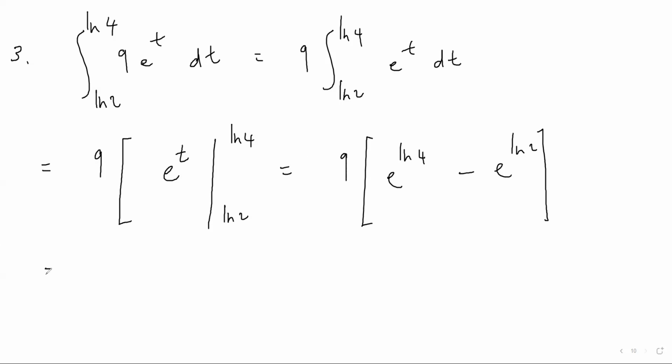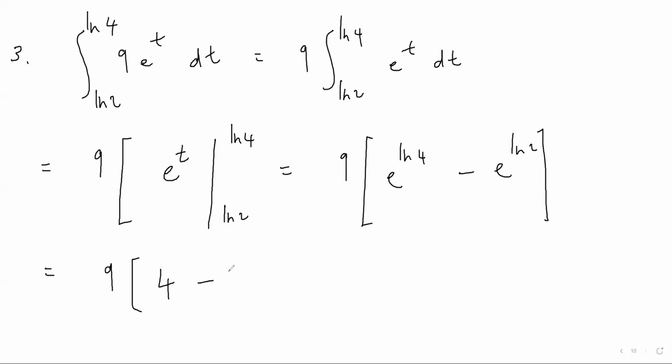We put 9 outside, and inside we have this. Now, knowing that the natural exponential function and the natural logarithmic function are inverses, e to the ln 4 gives you 4. Because e and ln are inverses of each other, they give you what's inside, which is 4.